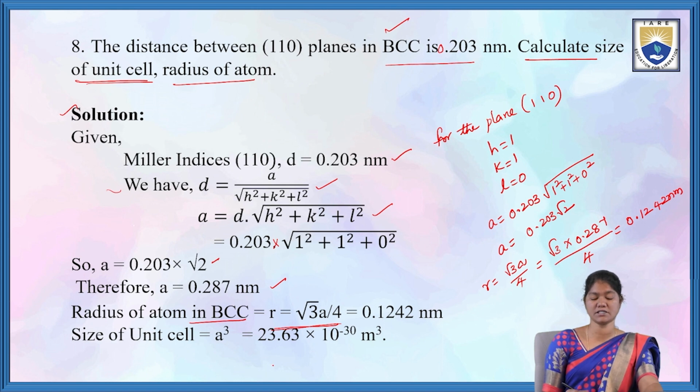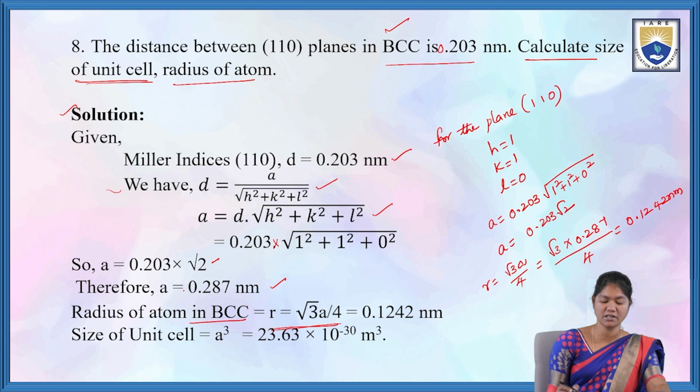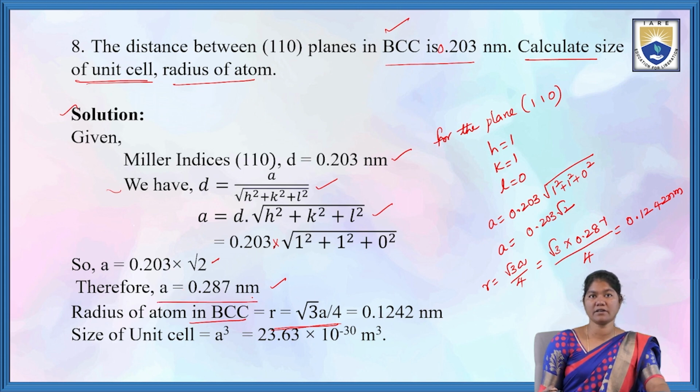Size of unit cell is equal to a cube. Here a is 0.287 nanometers.